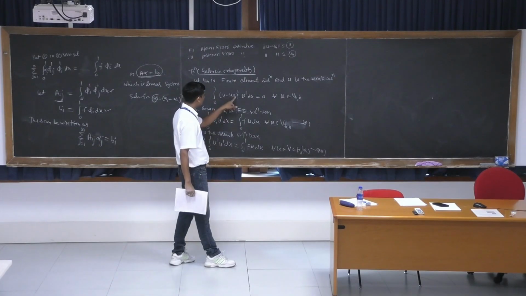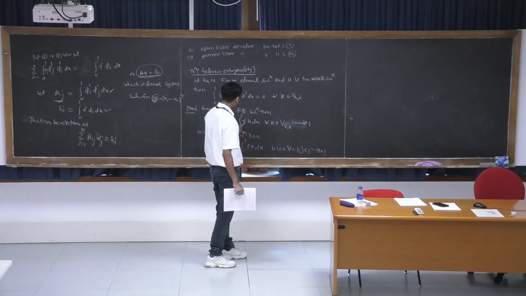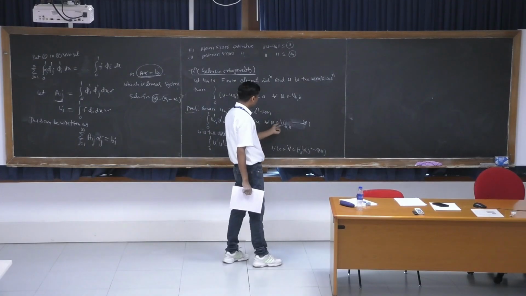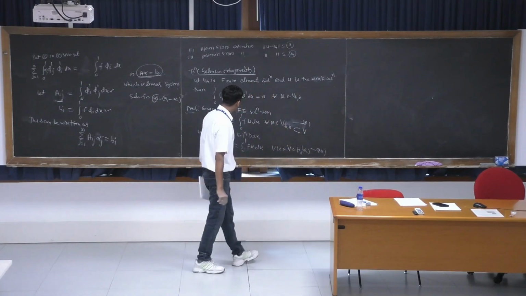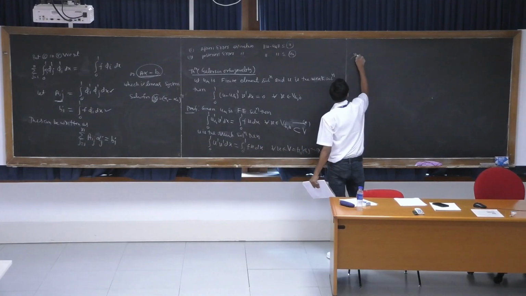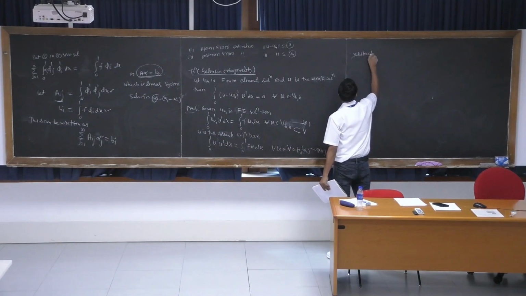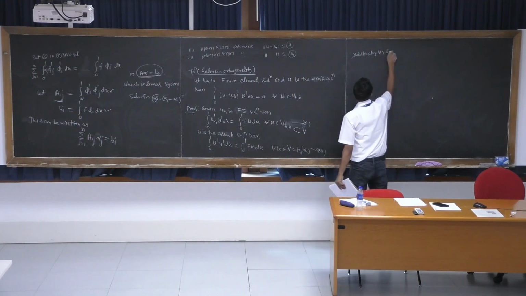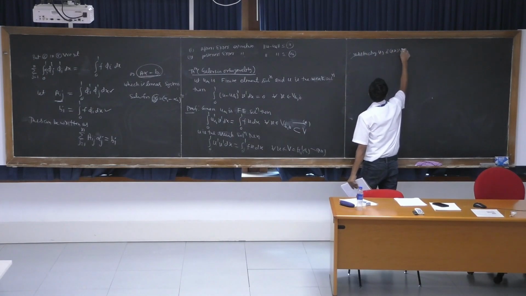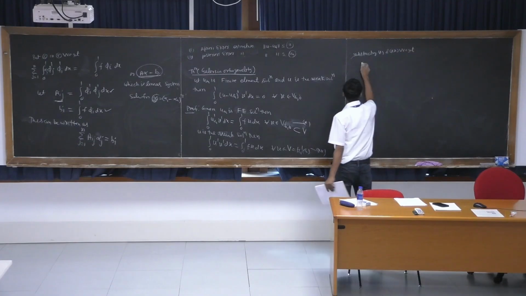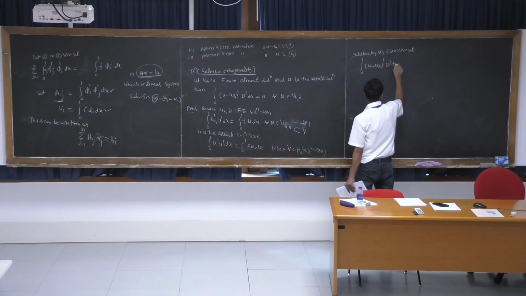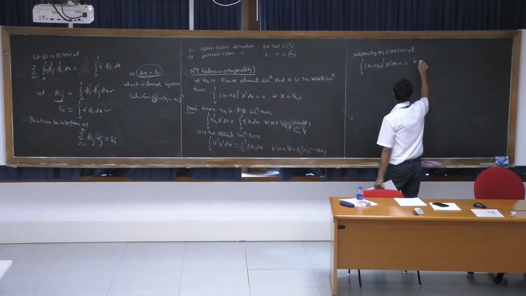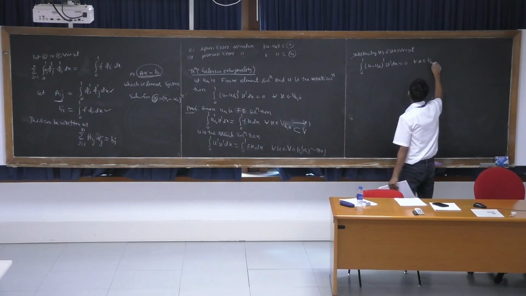Both are the same because this comes from here and this is a subset of capital V. So subtracting star and double star, we get the integral from 0 to 1 of (u minus uh)' v' dx is equal to 0 for all v belonging to Vh.